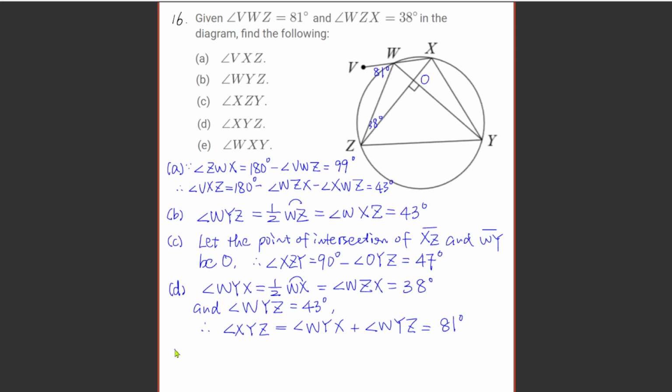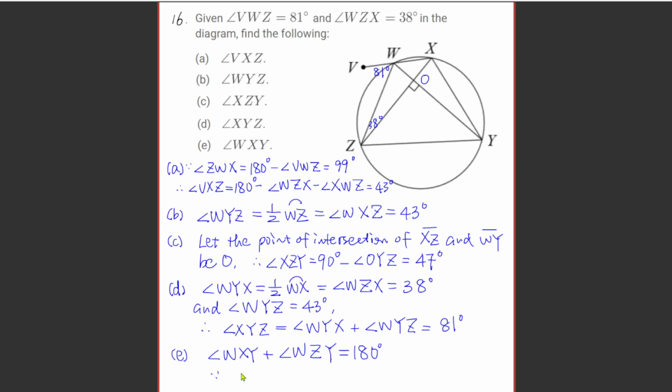Okay, last question, E. We need to find the angle WXY. So since WXYZ is a cyclic quadrilateral, we have angle WXY plus angle WZY equals 180 degrees, right?